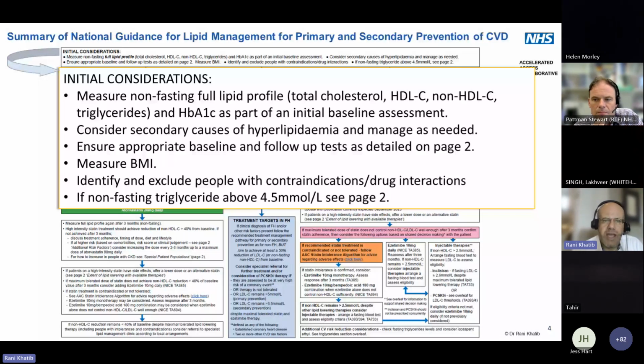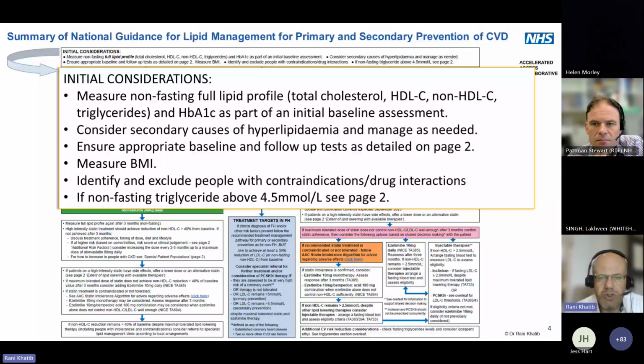You also need to know HbA1c to assess if the patient has diabetes, or well-controlled or poorly controlled diabetes. These are important initial baseline assessments in order to plan what intervention the patient needs in terms of therapy and further interventions.